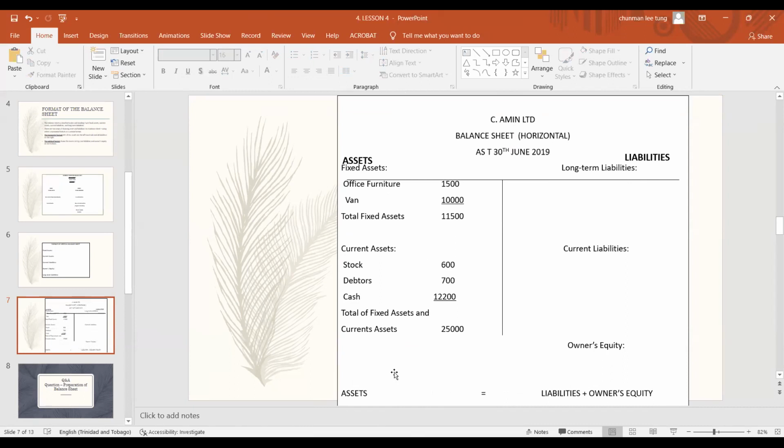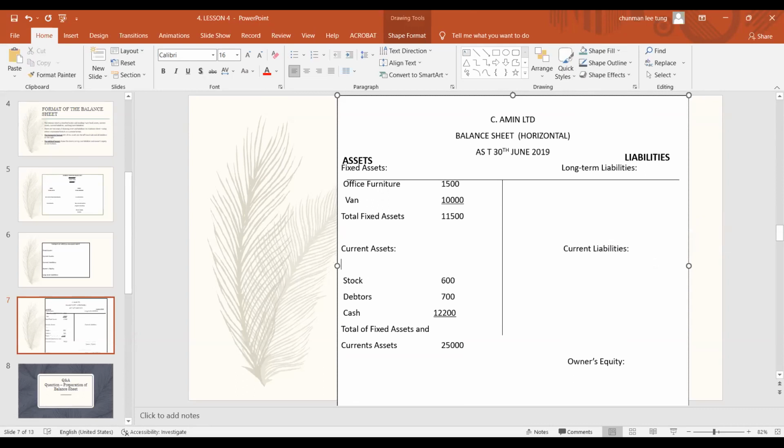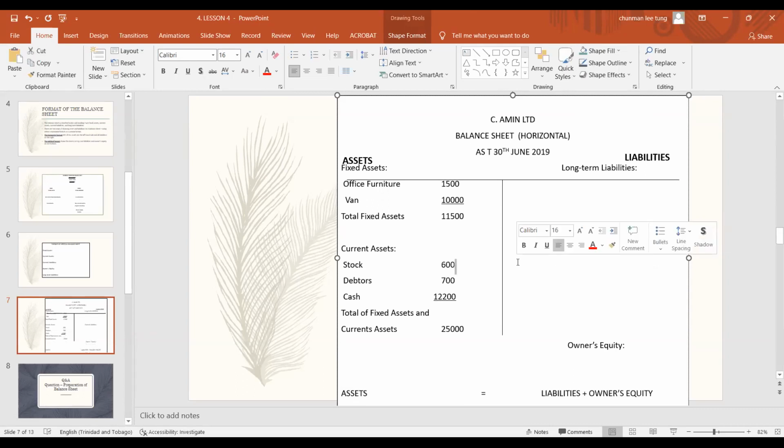Going to the liability side of your balance sheet, we are going to look first at our current liabilities. Our current liabilities are people whom we owe.